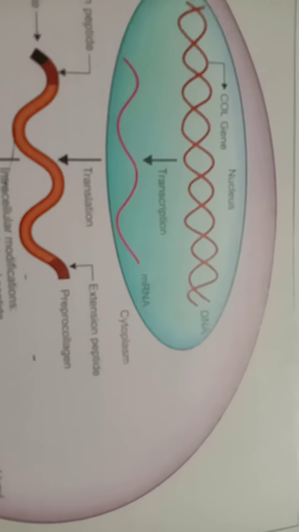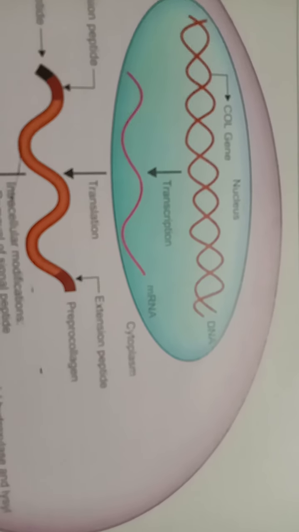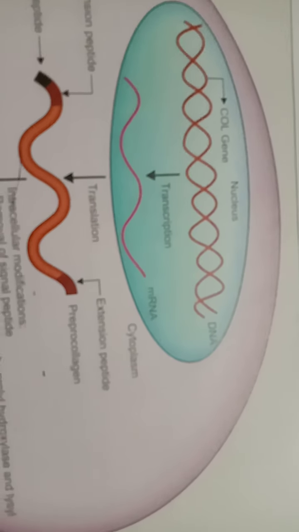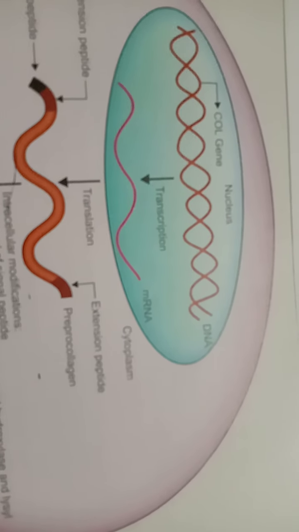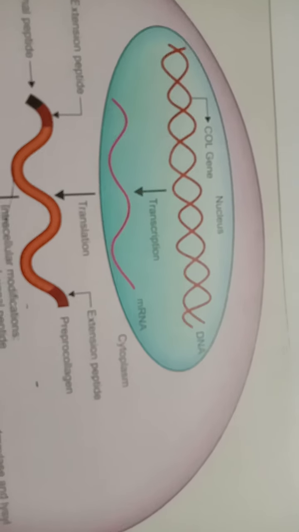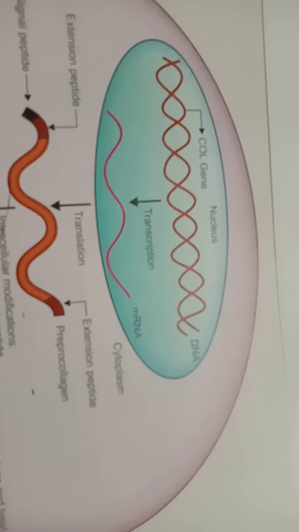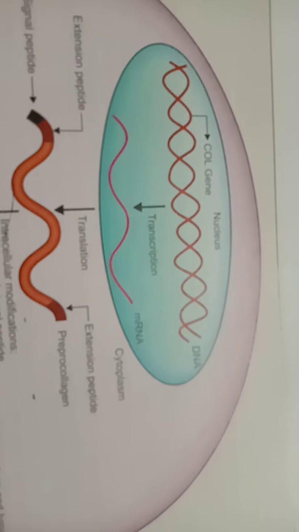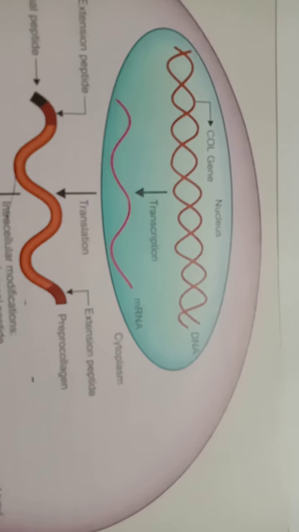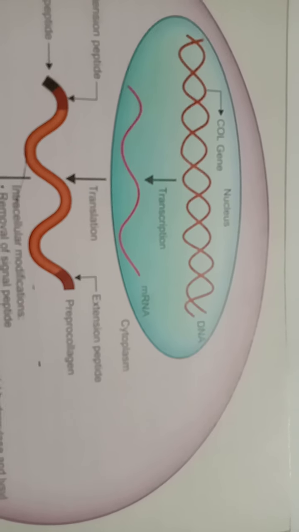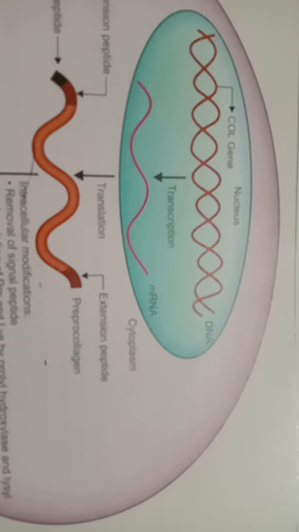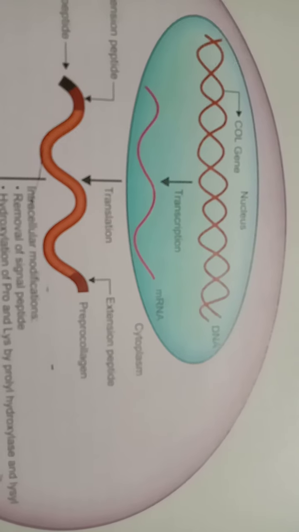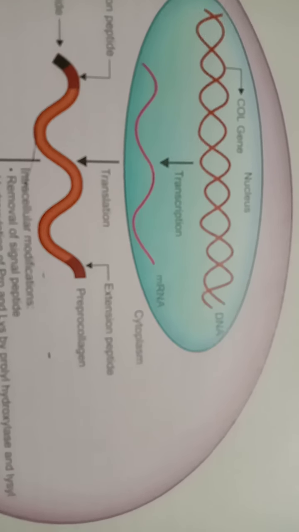The COL gene is responsible for the formation of the messenger RNA, which is required for the formation of the proteins or polypeptides in collagen. This COL gene will be responsible for the formation of the messenger RNA through the process of transcription. Here you see one term is transcription.